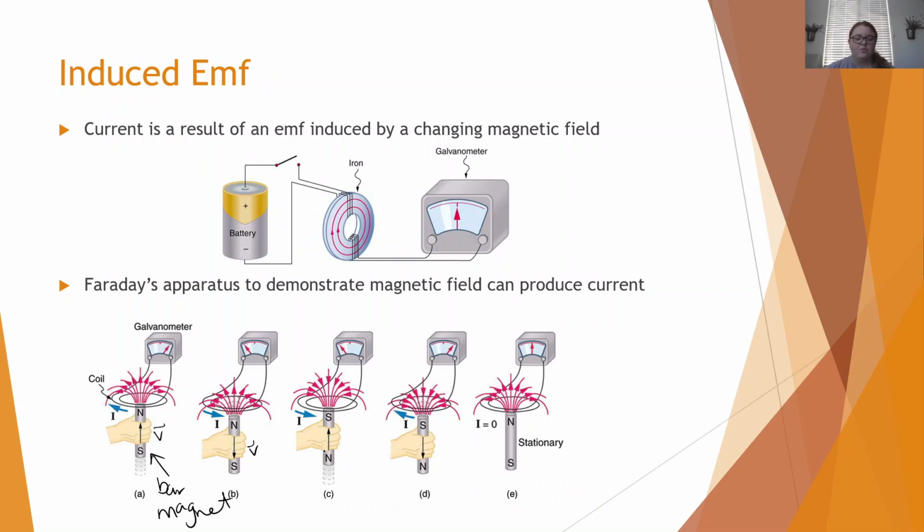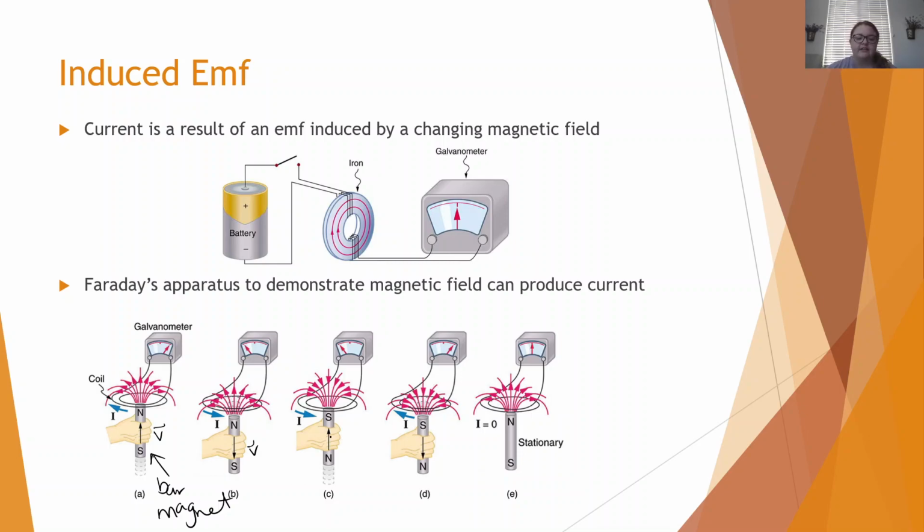Now, if we switch the way you're positioning the bar magnet, so now it's no longer north at the top and south at the bottom, now south is at the top and north is at the bottom. We do the same thing, and we'll have a completely opposite effect.